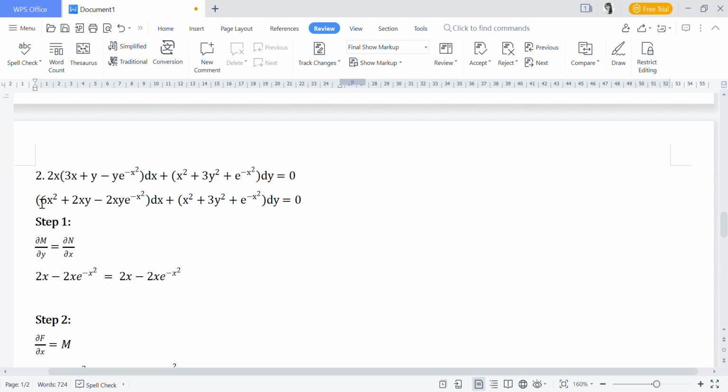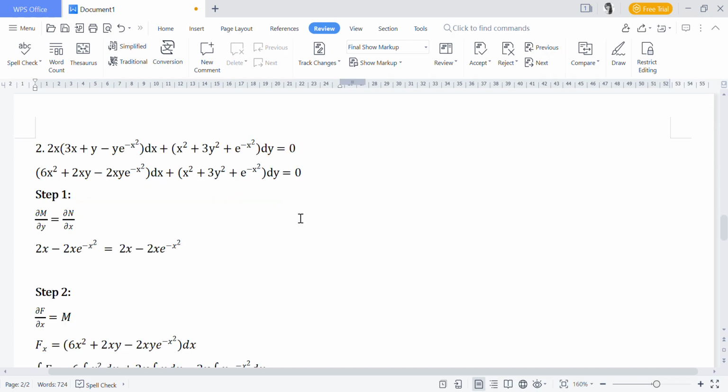Now we have a new equation which is 6x squared plus 2xy minus 2xy e raised to negative x squared dx plus (x squared plus 3y squared plus e raised to negative x squared) dy is equal to 0.